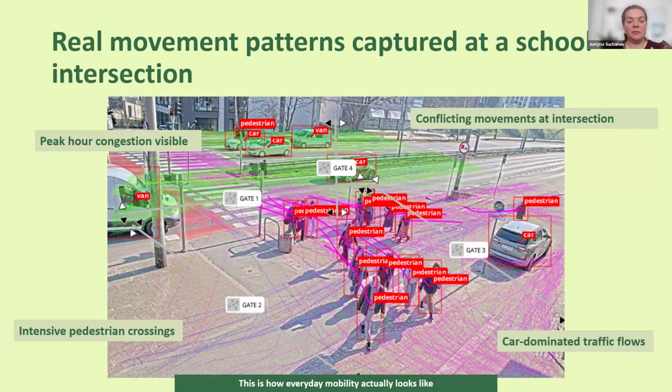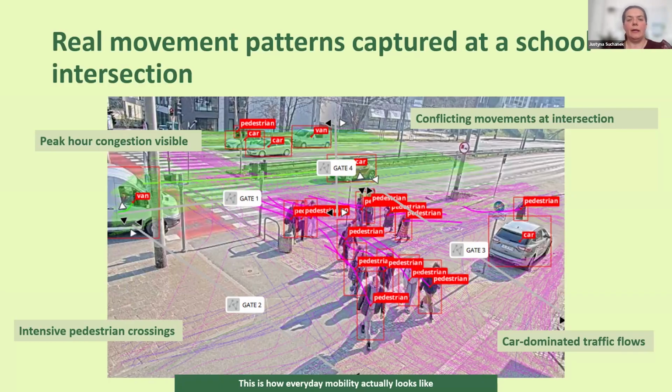But it's about how space is actually used and how different movements overlap right now. This becomes much clearer when you see the real data, because it's not only the subjective opinions of having seen a pedestrian in one moment every day.